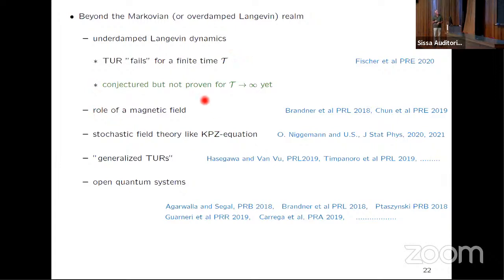We know that we can break it with a magnetic field. We have applied it recently to stochastic field theories like the KPZ equation. I should mention there is a number of more generalized relations which typically get very bad if you go to the infinite time limit. And of course, it's now really a strong activity to look at this in quantum dynamics. These were five of the very early papers, and I don't think a complete picture has been reached yet.